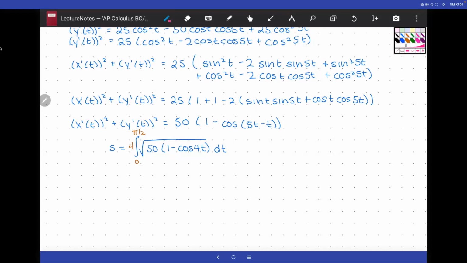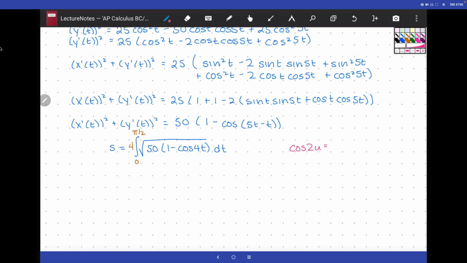We're going to get to use yet one more identity. You guys remember all your identities still, right? Anybody have a guess which identity? Double angle. Yep. And it's cosine. Let's do cosine 2u.